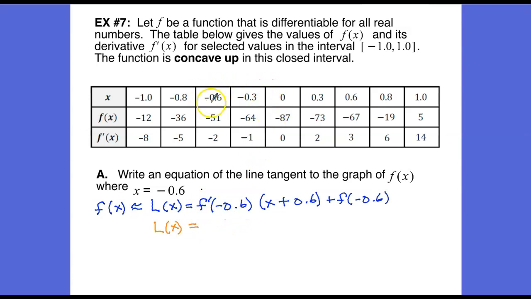So we find negative 0.6, and f prime of x is negative 2. So we have negative 2 times x plus 0.6 plus, now f of negative 0.6. f of negative 0.6 is negative 51. So negative 2 times x plus 0.6 minus 51.